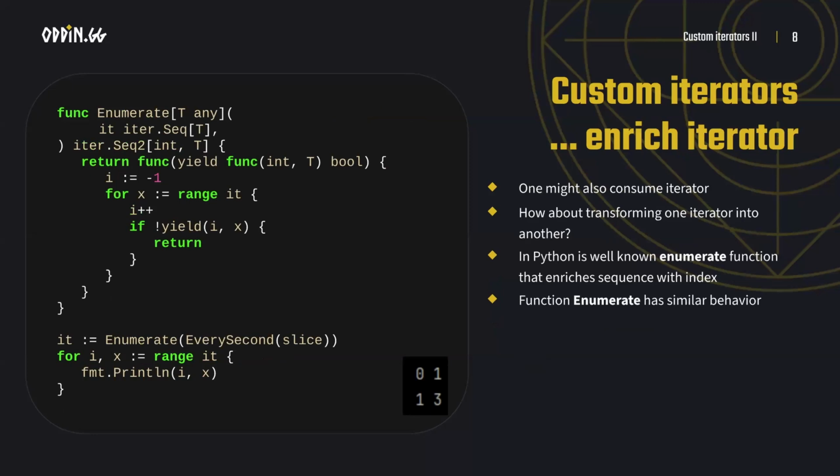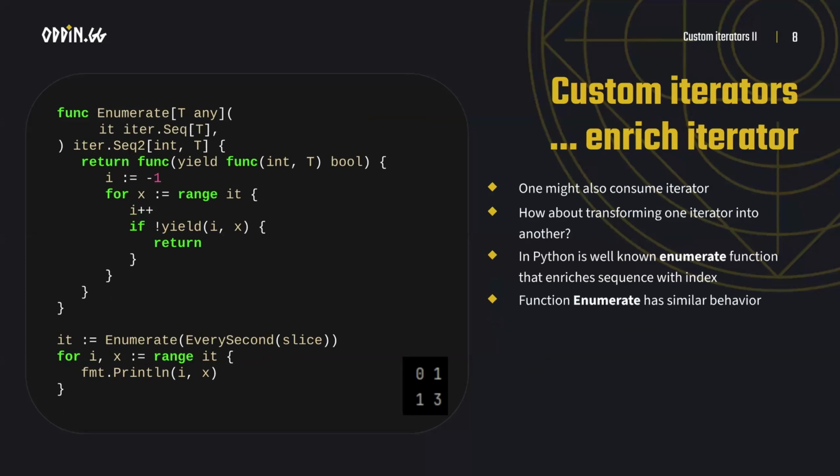I hope that is a sample enough for the first case. Iterators can be a little bit more complicated. This iterator is inspired by the enumerate function from Python, which takes an enumerable and adds the index.